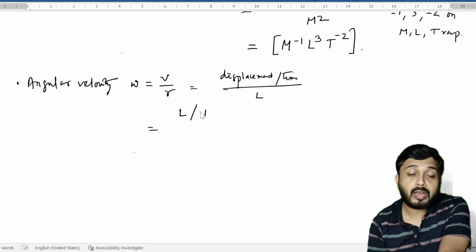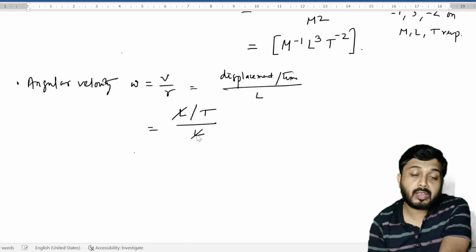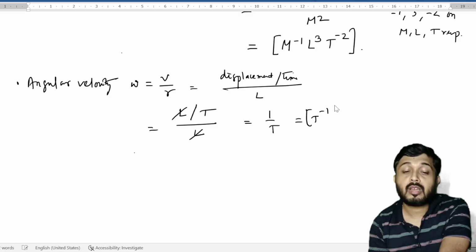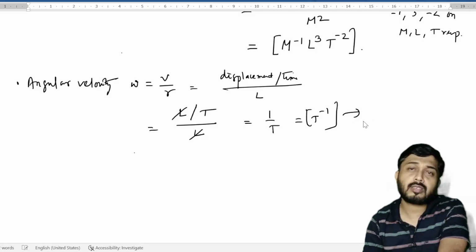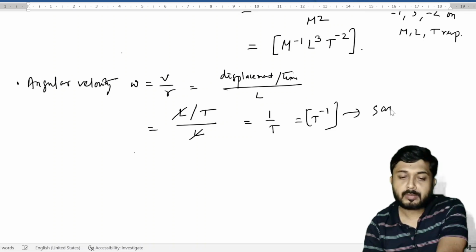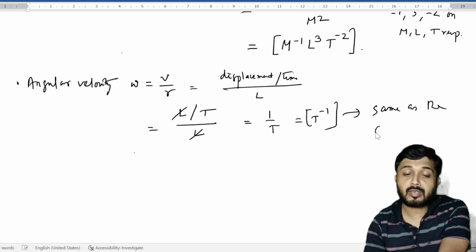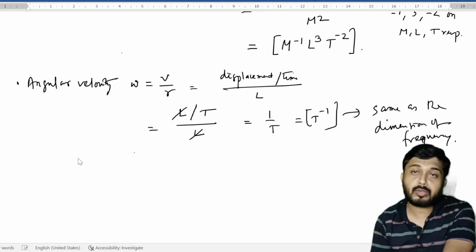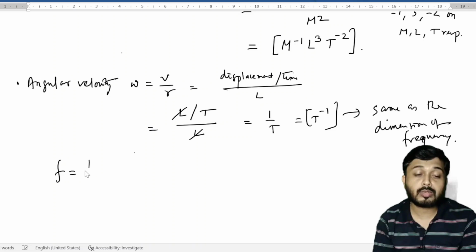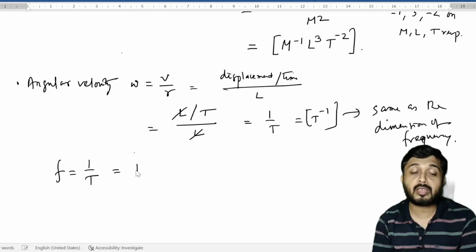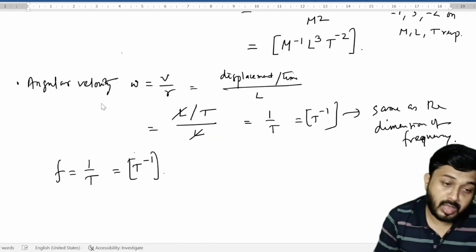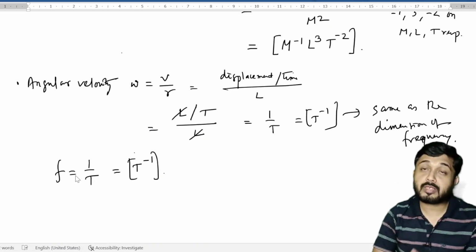L by time t, divided by L. L and L are cancelling each other, so that is 1 by t, or t to the power minus 1, is the dimension, and that is actually the same as the dimension of frequency. A few minutes ago I told you that frequency is reciprocal of time period. So 1 by t means t to the power minus 1. So keep it in mind that angular velocity omega and frequency f have the same dimensions.